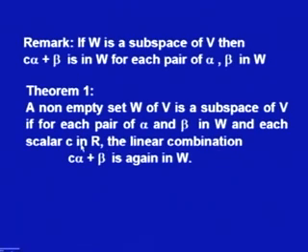So, this is given in the form of the theorem. It states that a non-empty set W of V is a subspace of V if for each pair of alpha and beta in W and each scalar C in R, this linear combination C alpha plus beta is again in W. So, if this condition is satisfied, then W is a subspace, or if W is a subspace, then C alpha plus beta is again in W. So, we have proved this theorem.